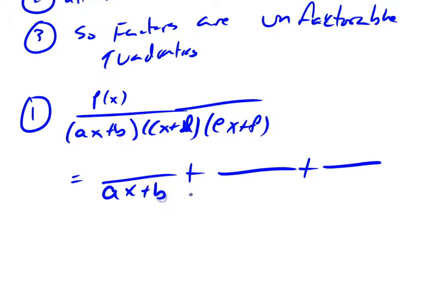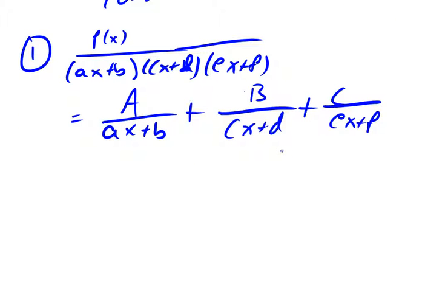You use your three factors on the bottom as your three denominators, and you just use constants on the top. We've seen a couple of examples of that already, so I'm not going to do another one here.